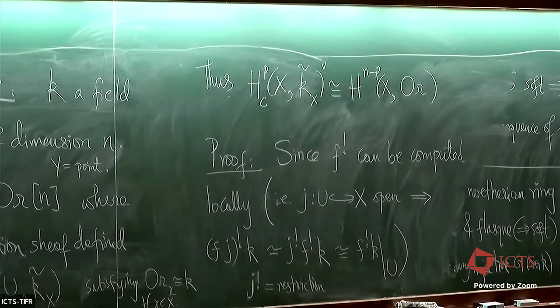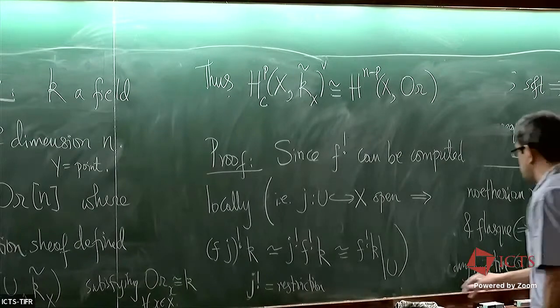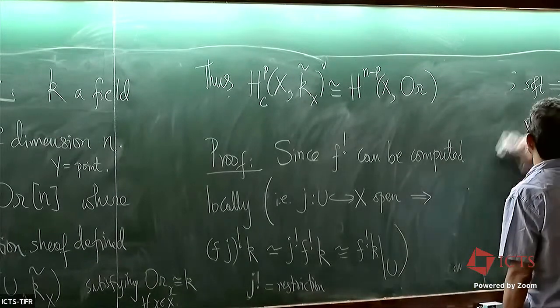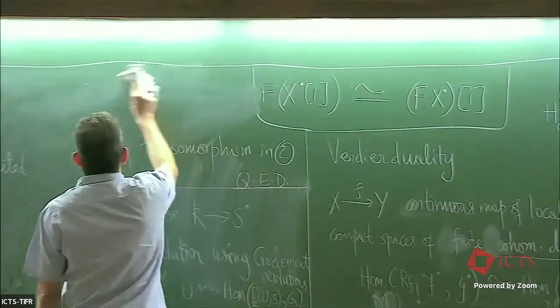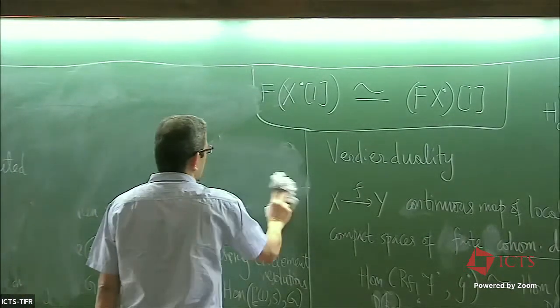Once you assume that fact, then F shriek can be computed locally. And since you can compute it locally, you can replace X by an open subset homeomorphic to Rn. And in that case, the statement is obvious.